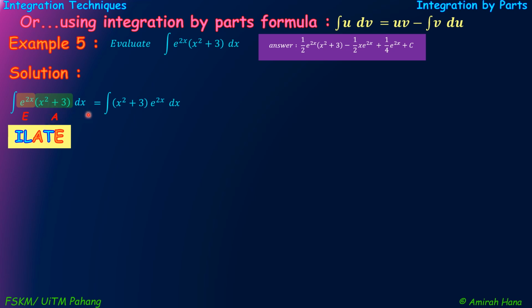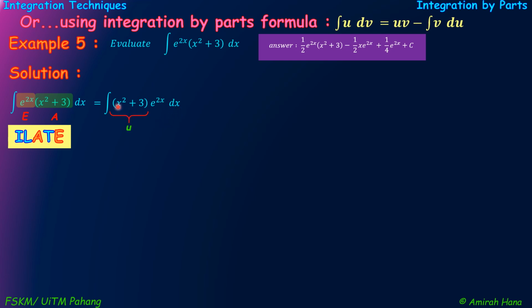So from here, we can write the integration of, we put the algebraic function in front because the algebraic function now equals u. So the integration of x squared plus 3, and then we put the function for dv beside dx. So we put e to x beside dx here.